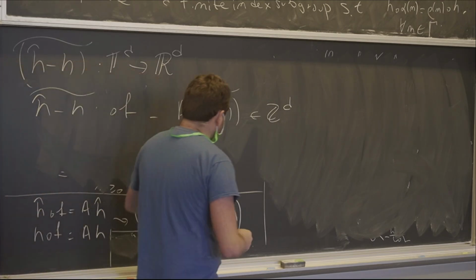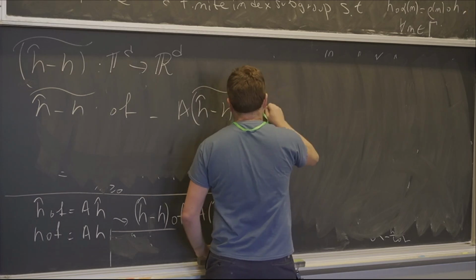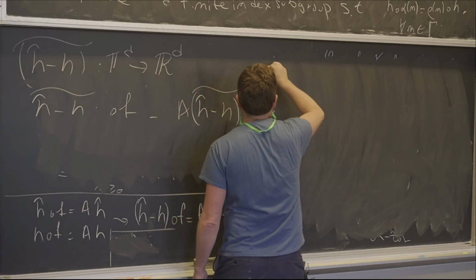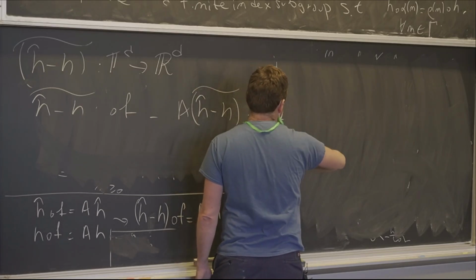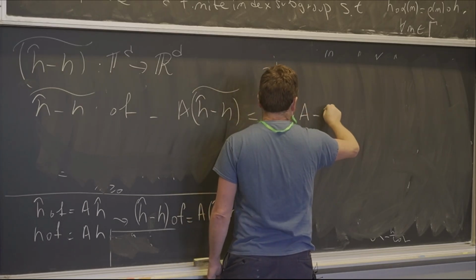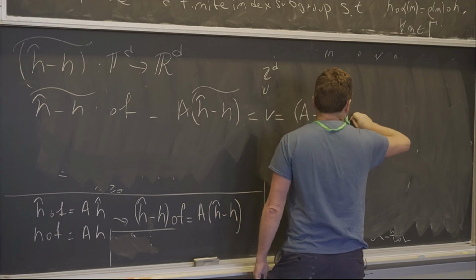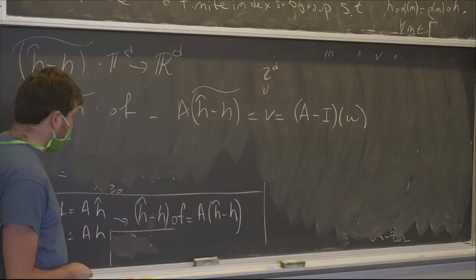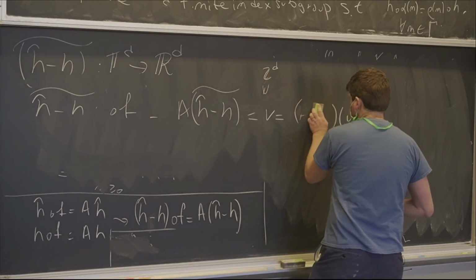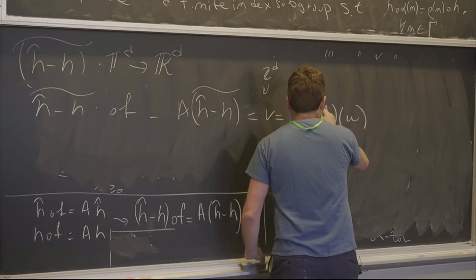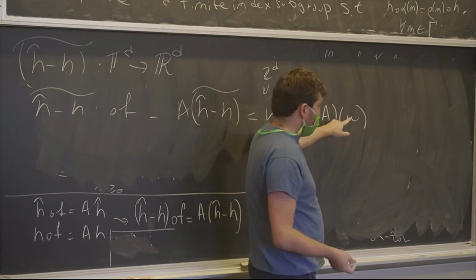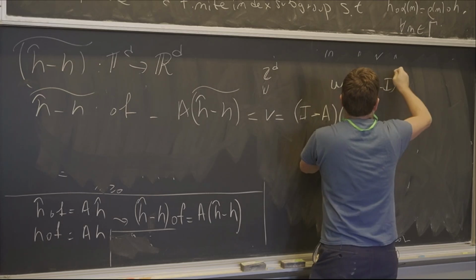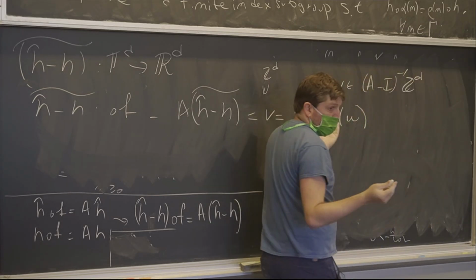Okay, so let's call it D, belonging to Z^d. But then I write this V as (A minus I) of W, just because, and maybe I minus A is better than A minus I. It really doesn't matter. So this is invertible on R^d, so W is naturally in here.